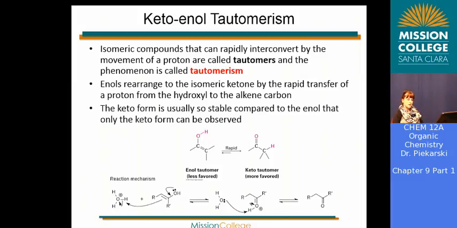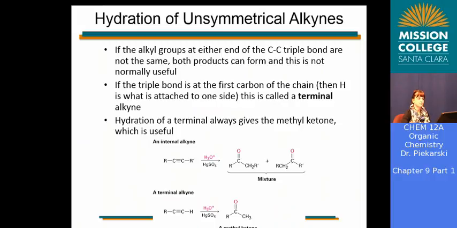Just like we talked about before, this particular reaction wants to follow Markovnikov regiochemistry, right? However, if you have a triple bond, and if the alkyl groups on either side of this triple bond are not the same, then both products can form, right? This is not very useful for reaction. So if we have an internal alkyne, then we could have a carbonyl on this side or a carbonyl on that side.